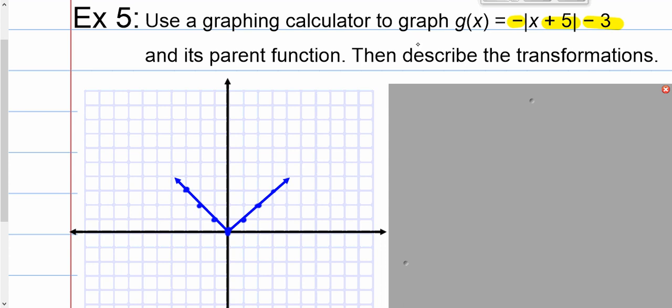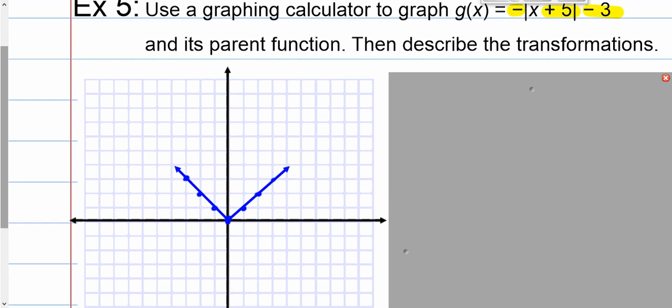And now I'm going to put this in my calculator and get some points to plug in and plot on this new graph, this g of x. Let me go ahead and label my f of x before I forget. F of x equals the absolute value of x. All right, so g of x we'll do in red.